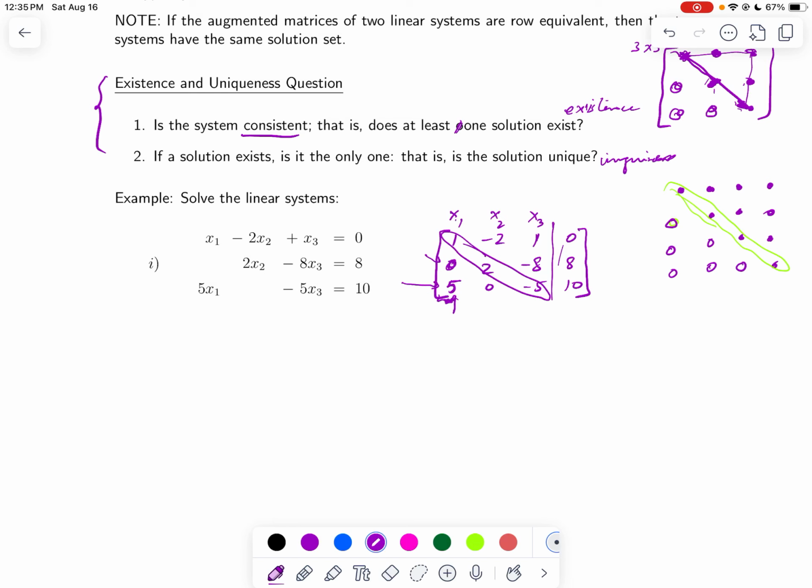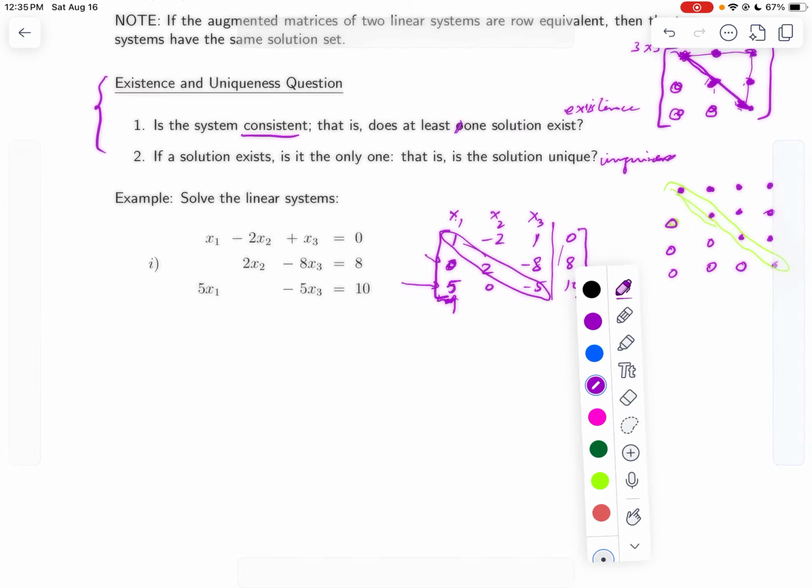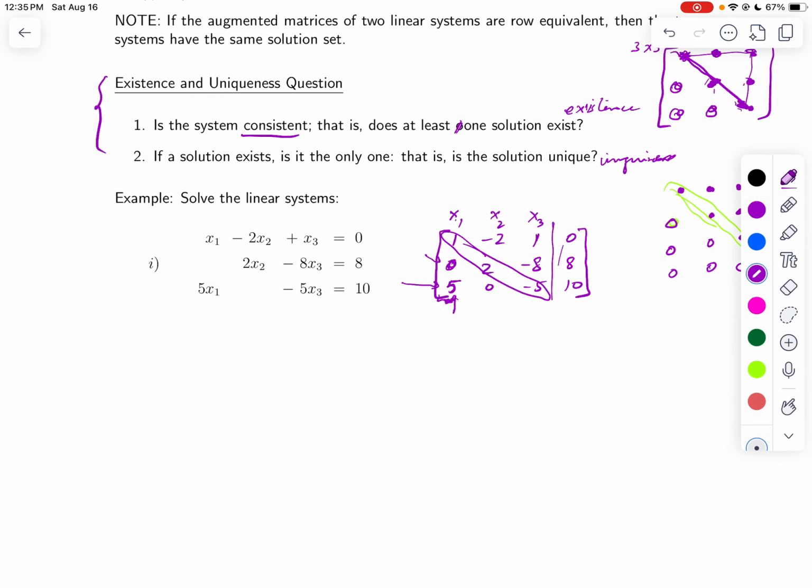In order to make it zero, I have a 5 here. If I am adding, what should I add here to make it zero? Negative 5. So this is what I do: I will multiply the first row by negative 5 and add it to the third row. So let me rewrite my matrix. And this is how we proceed.